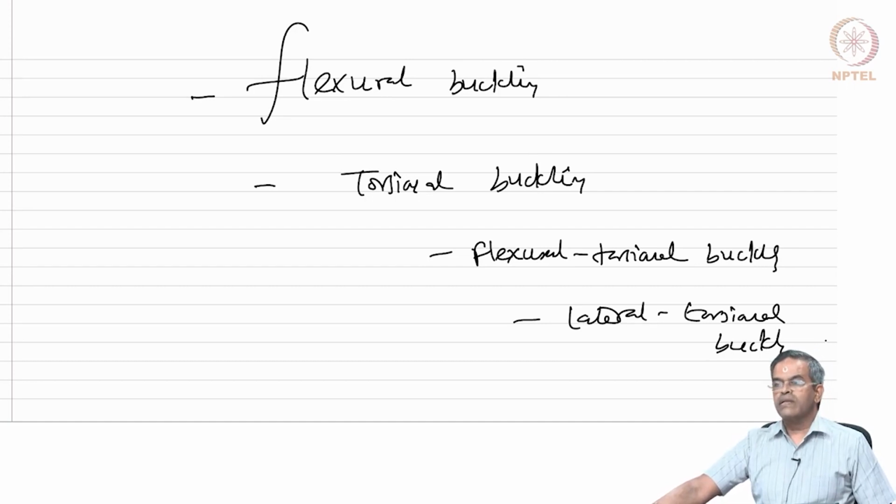So, friends, we are slowly connecting stability to buckling. Very clearly, loss of stability will lead to classifications of buckling actually. Instability leads to classification of buckling. That is how they are connected.